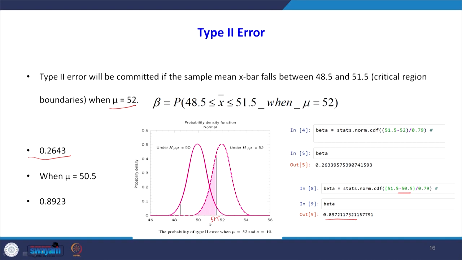We can take one example. Suppose there are two products, one original and another a duplicate. Both look similar color wise, texture wise, quality wise. There is more possibility of committing a type 2 error whenever the difference between the original and duplicate product is very less. The same way, whenever the difference between the population mean you assumed and the true mean is less, there is more possibility of committing a type 2 error.